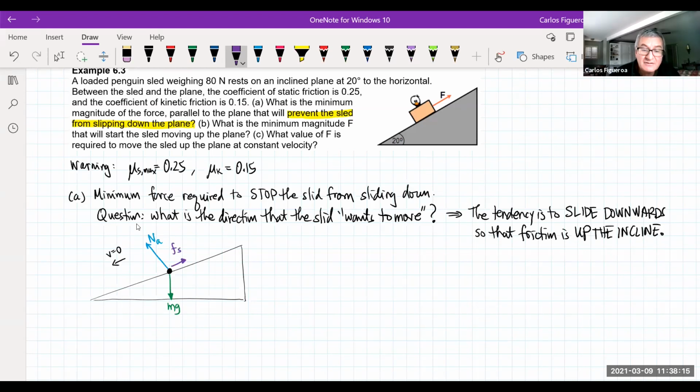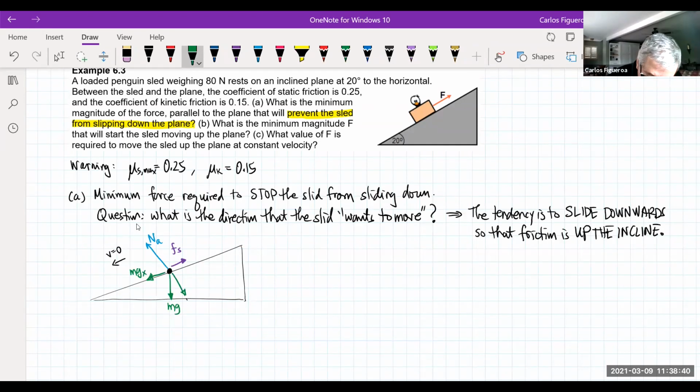Has to be in that direction right there. So what we assume here is that because of this, the motion of this guy, we're going to see here is that the force of gravity is going to be great enough to make this thing want to slide down.